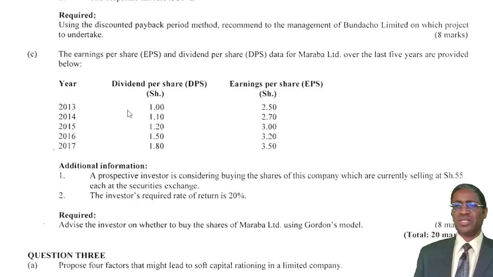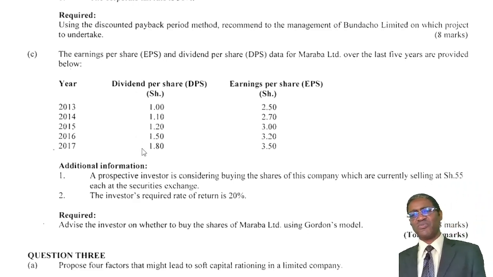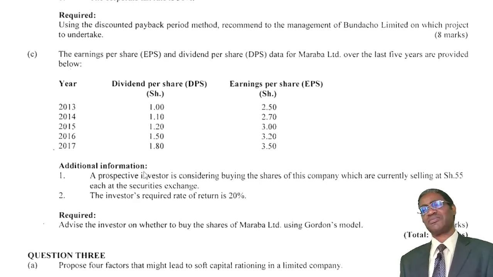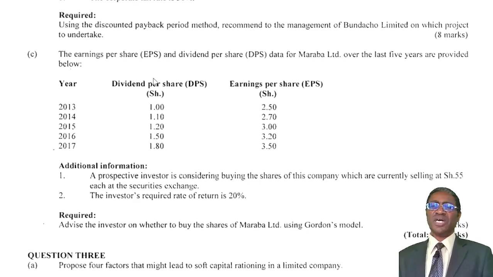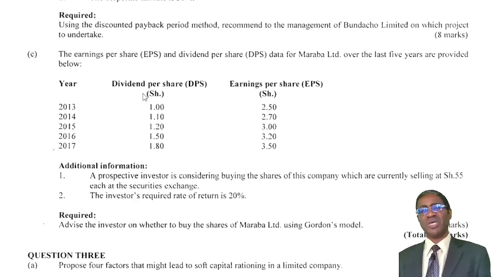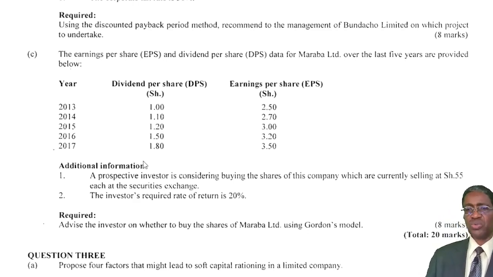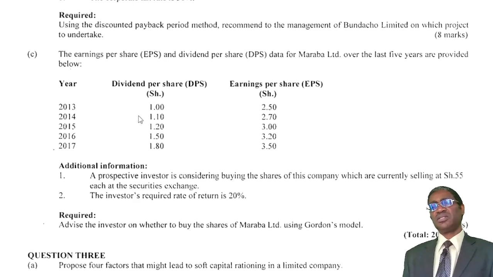You are given the dividends of year 1, year 2, year 3, year 4, year 5, and I can see they are growing. So this means there is a growth in dividend, and it is obvious I am not using the first one of 0 growth, because the dividends are growing from 1 to 5.